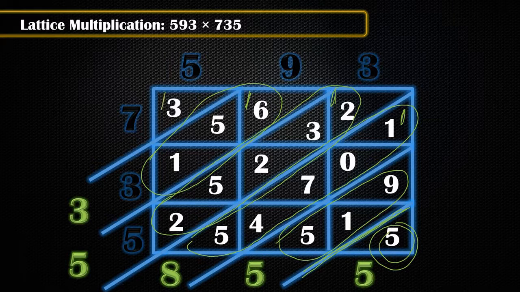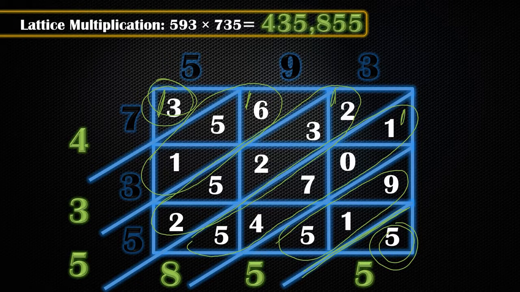So then another one over here for the tens. And then right here it's just going to be 3 plus 1, which is 4. Therefore, our answer for 593 multiplied by 735 is, whoa, 435,855.